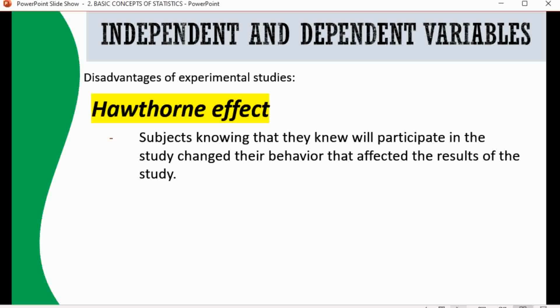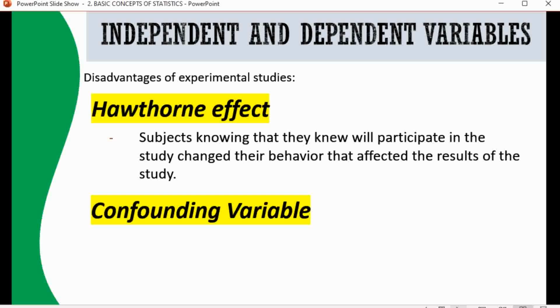For instance, when you were in elementary, perhaps you were subjected to observations, and your teacher would tell you to behave better, to answer well in class because you are being observed. That alone is already affecting the result of the study, because there is already an incorporation of a different type of manipulation. You will act differently because you know you're being observed.